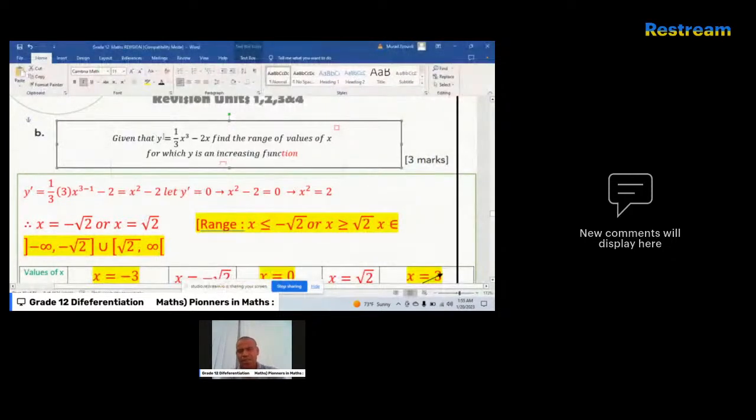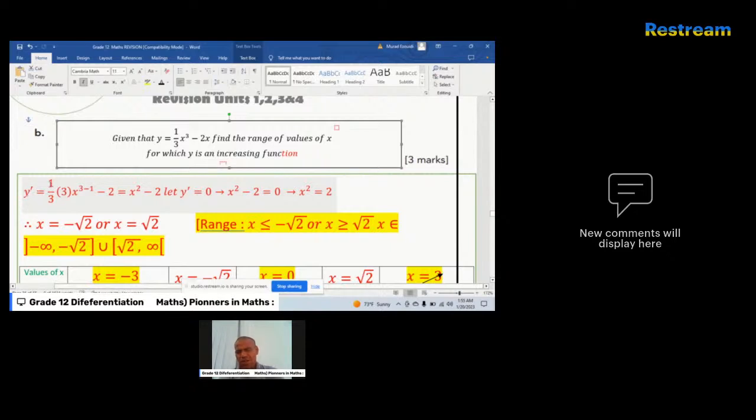The question, learners, is: given that y equals one third x cubed minus 2x, find the range of values of x for which y is an increasing function. First of all, it's 3 marks. You should differentiate your function.